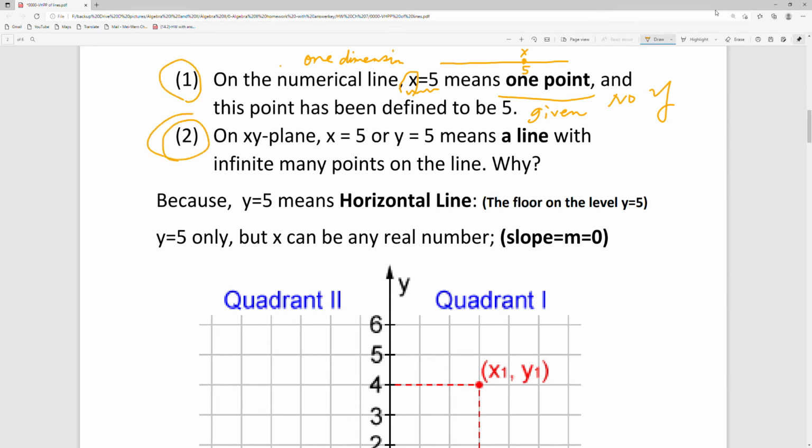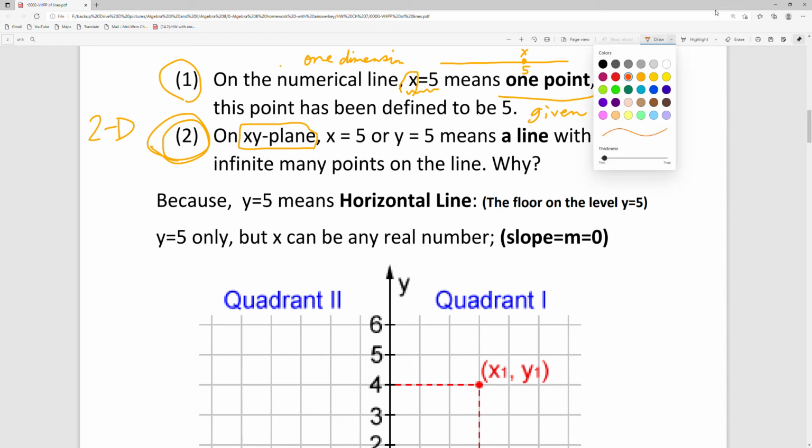However, when you have two dimensions, on the xy plane, or we say on the coordinate system plane, I may be talking about x equals 5, or I may talk about y equals 5.